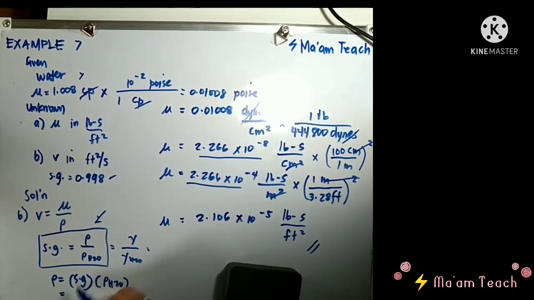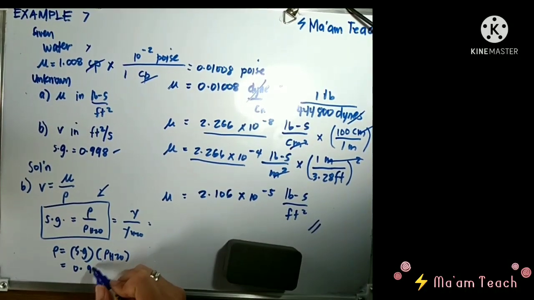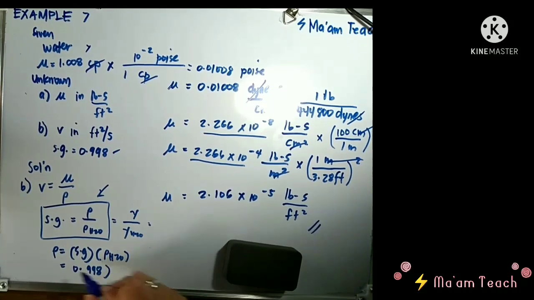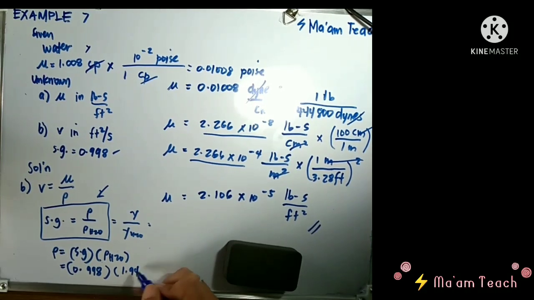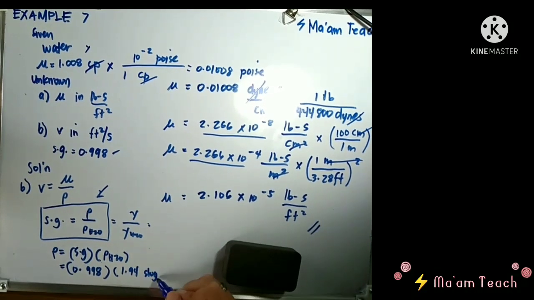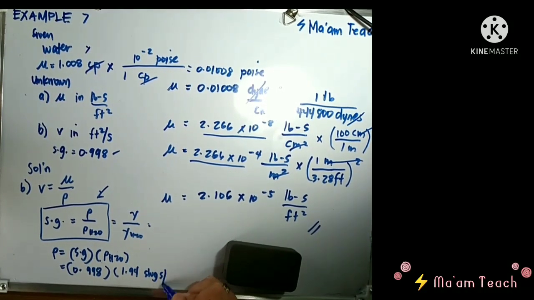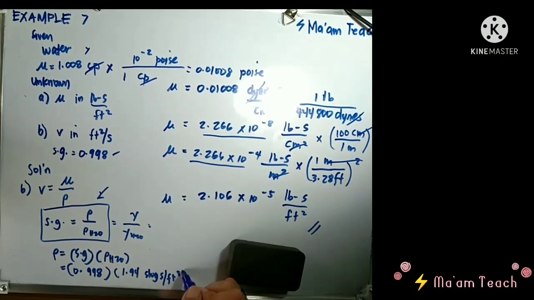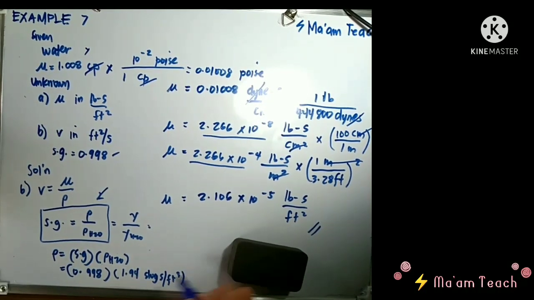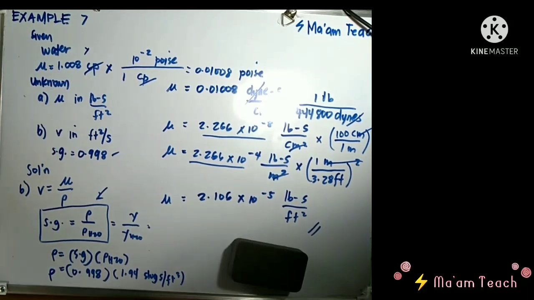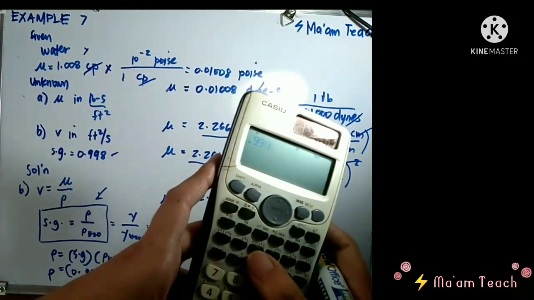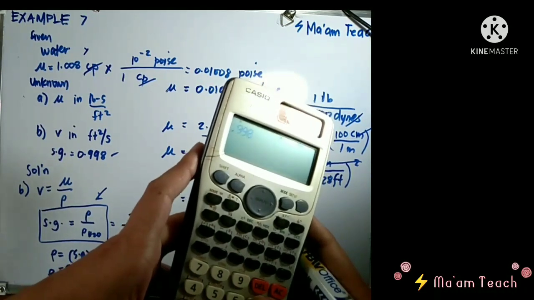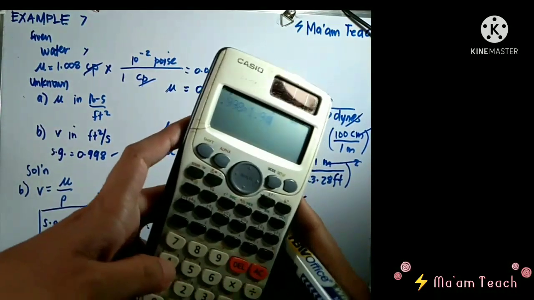Okay, so substituting, we have 0.998 times, no, take note, there's no unit, 1.94 slugs per cubic foot. So what will be the density here? This will become 0.998 times 1.94.